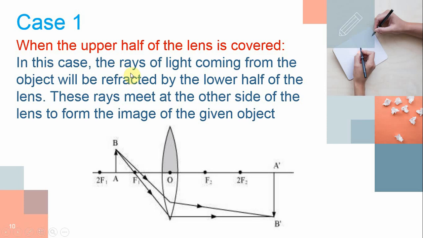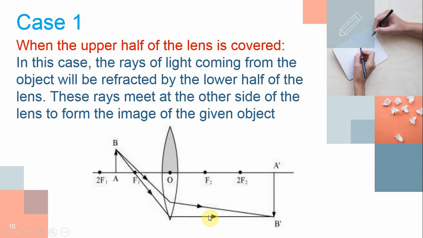In this case, the rays of light coming from the object will be refracted by the lower half of the lens. So this is an object. The light comes from the focal length, so that it is refracted.